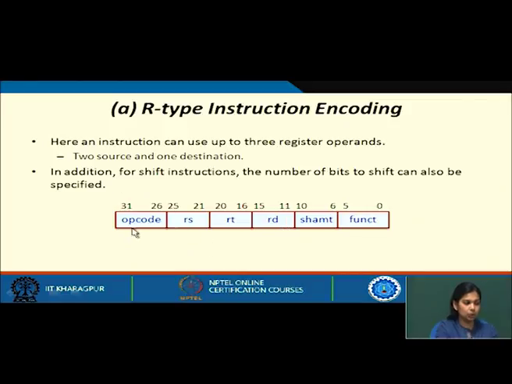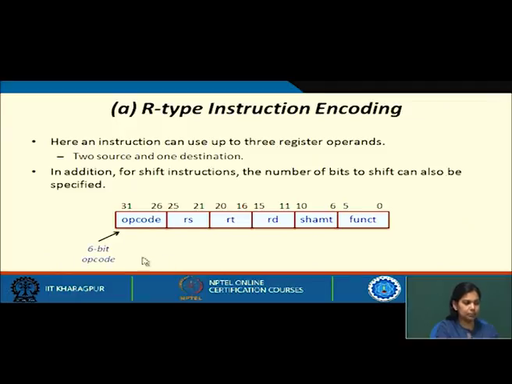In addition to this opcode and registers, for a shift instruction, the number of bits to shift can also be specified. This is the SHAMT field. Let us say you want to shift a particular value right by some number of positions; how many bit positions can be specified in this instruction itself. And for that opcode, the function is specified here. So, this is an R type instruction encoding.